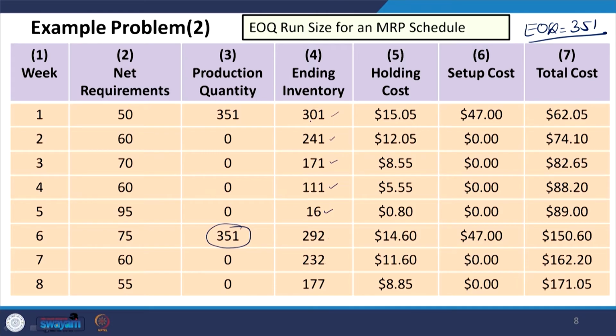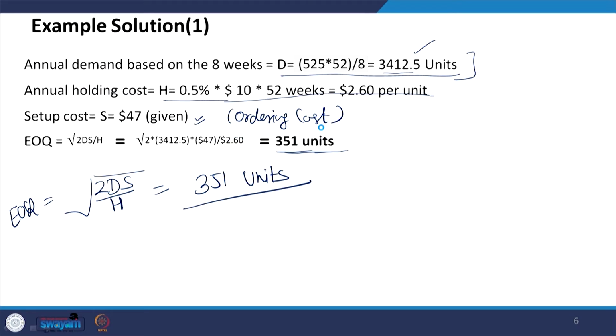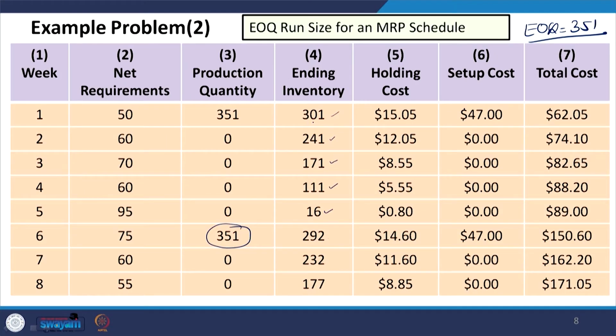Now, since 301 units are available with me, and the holding cost given to me is 0.5%, on the basis of this 301, 0.5% of the material cost is the holding cost. So, it becomes $15, $12, $8.5, 5.5 and so on. These are the calculations of the holding cost which is charged at the rate of 5%.